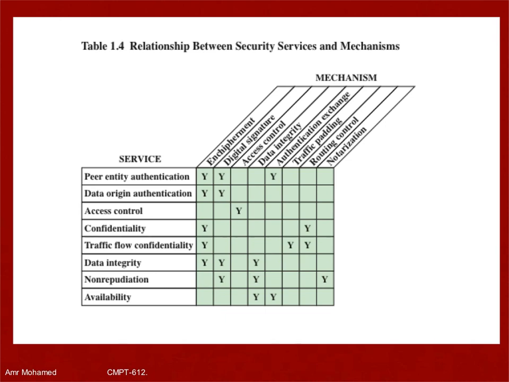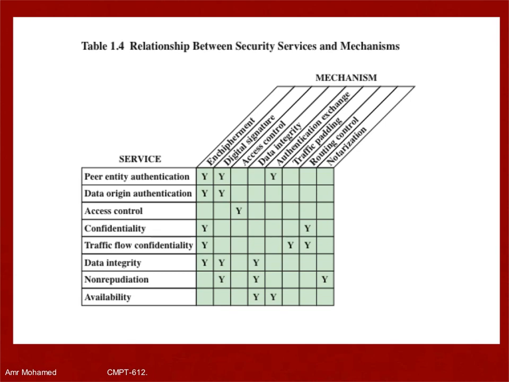So, for example, for peer entity authentication, we need some kind of authentication exchange, which is, again, the mechanism used to exchange your authentication credentials with the server, as we have discussed. In addition to some kind of encipherment, which is also used to encipher the credentials themselves. Because as we will see, we cannot just send the password or the user ID exposed. We cannot do that. So we have to use encipherment as well.